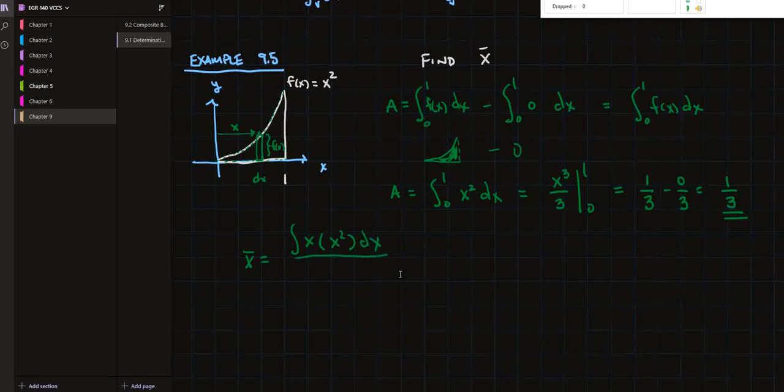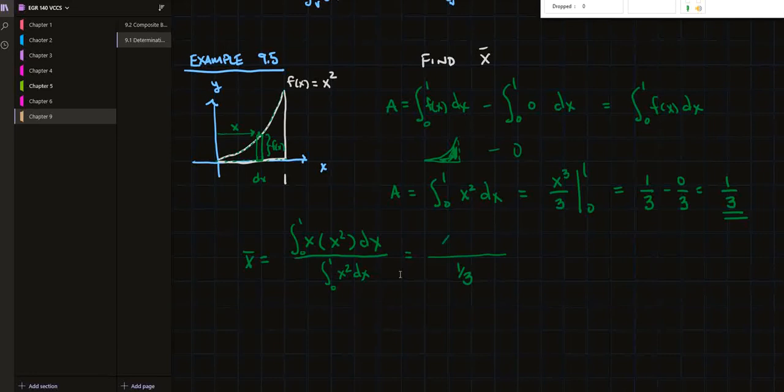And this is all over the A again, so I can just write 1/3, or actually I'll write the integral here and then we'll do it. The integral of x squared dx. So this is from 0 to 1, and this is also from 0 to 1. So we know this is 1/3 down here because we already calculated it from above. So up top here, we're going to have x cubed dx.